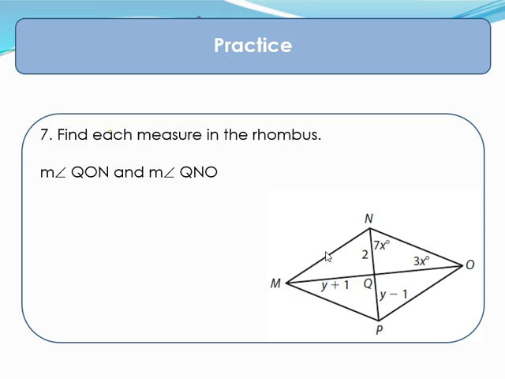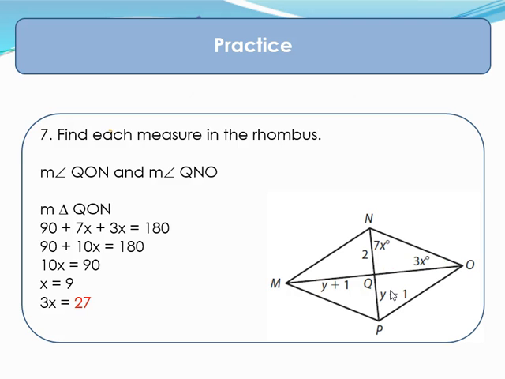Continuing on, let's find the measure of QON, which is right here. Now we have information from our last step that we know about, and we can solve with that information. We also are going to be looking for QNO, and that'll be 7x. So let's start with QON. So QON would be an angle that's in a triangle.